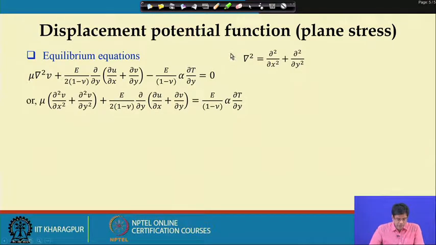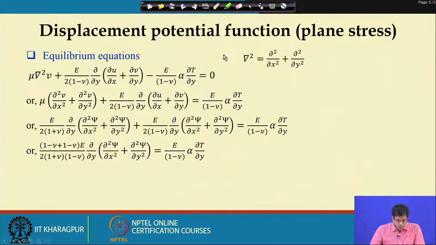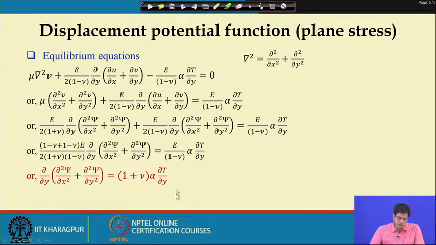Now let us do the second differential equation. Similar to the previous one, I substitute the displacement potential function, and once we substitute it, it looks like this in the final form. You can do this manipulation on your own and check that this is satisfied.